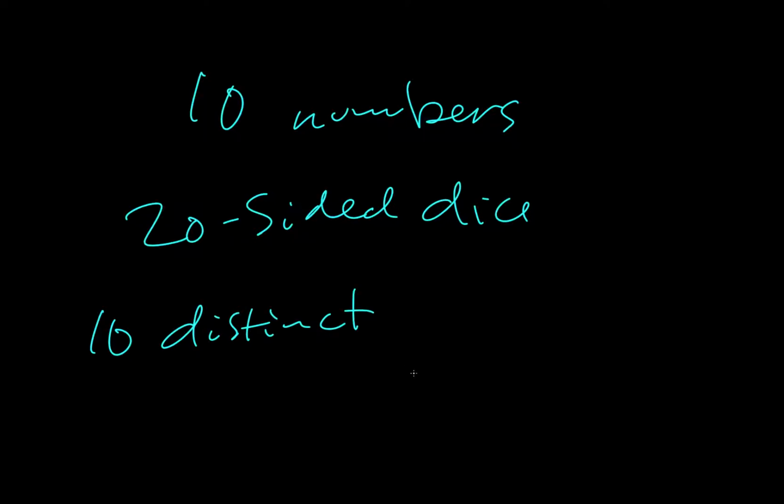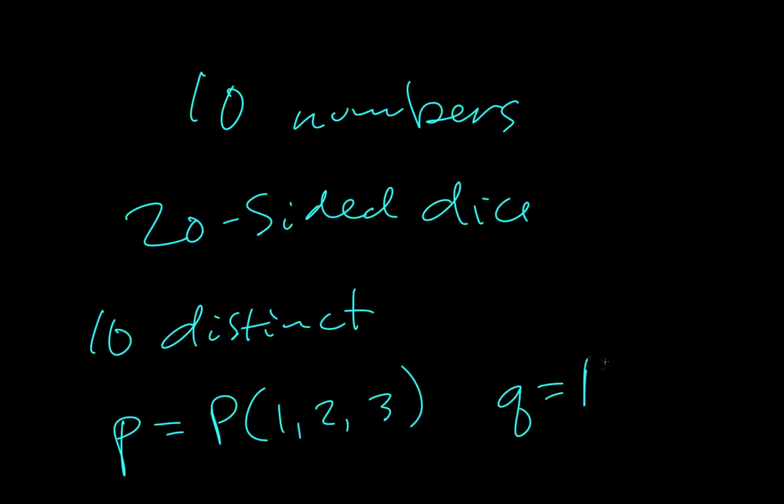If the probability that the numbers 1, 2, and 3 are rolled is P, so P is the probability of rolling 1, 2, and 3 as our distinct numbers, and if the probability that 4 and 5 are rolled we call Q, what is the probability that Rebbe rolls 1, 2, 3, 4, and 5?